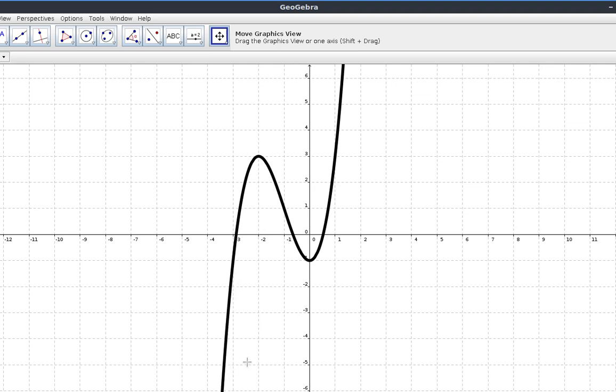So it's not the absolute minimum point. It's a local minimum point because there are other points lower than it. This is a local maximum point because you have other points higher than it.